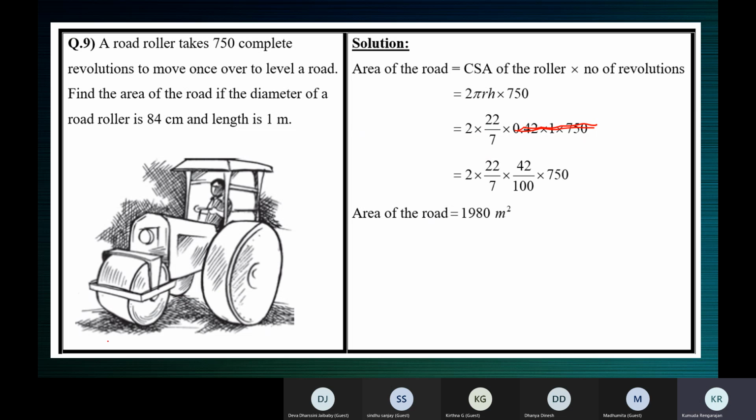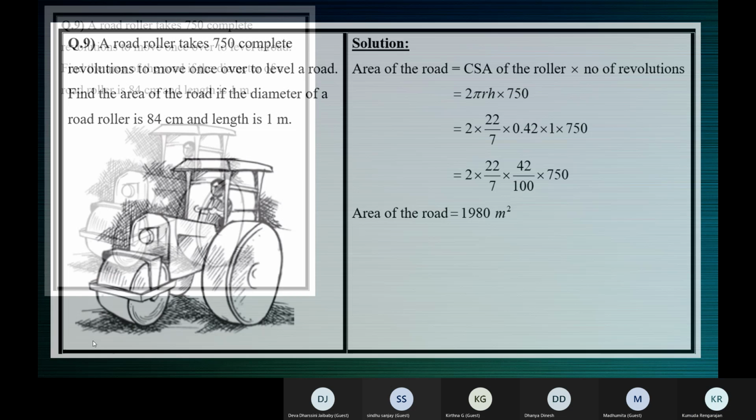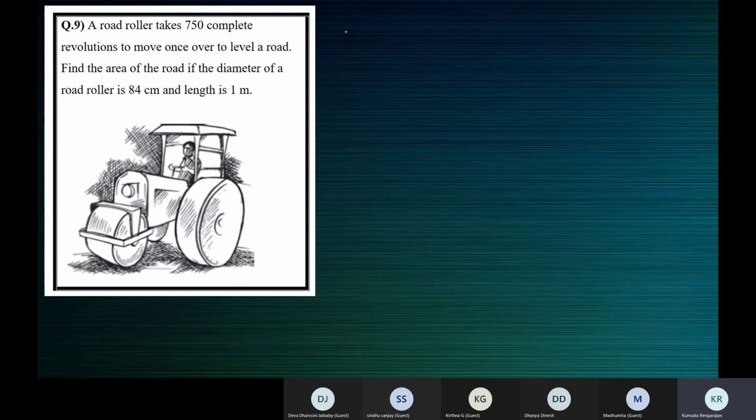Let me work it completely for you. Please write like this, road roller.